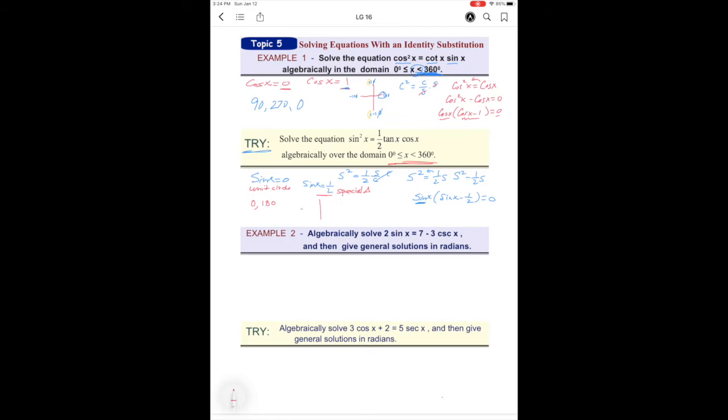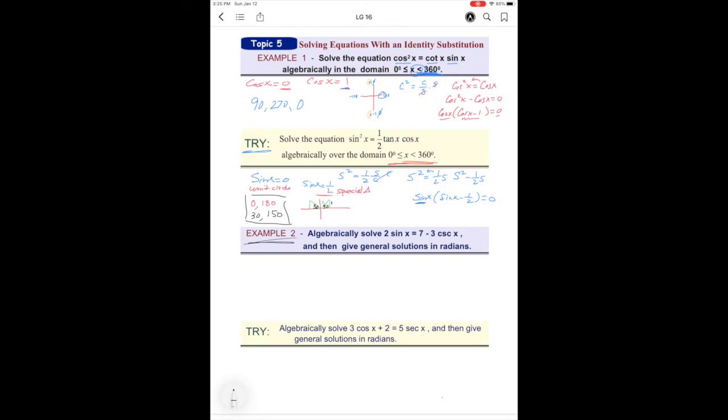Now this one we have to draw. Sine is positive there, and we label it. So we know that is 30 degrees. Remember 1 here, that tells us. So it's going to be 30 degrees, and then 180 minus 30 is 150. So there are the answers.